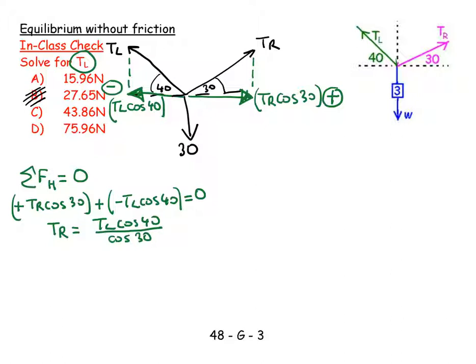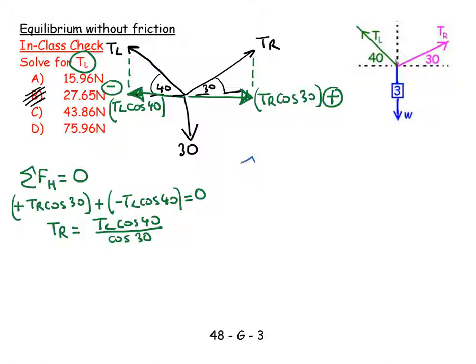I'm going to leave them as they are. The next thing I do is I say, well, okay, I need another equation. 2 equations are required when you have 2 unknowns. So I'm going to go to this side here.